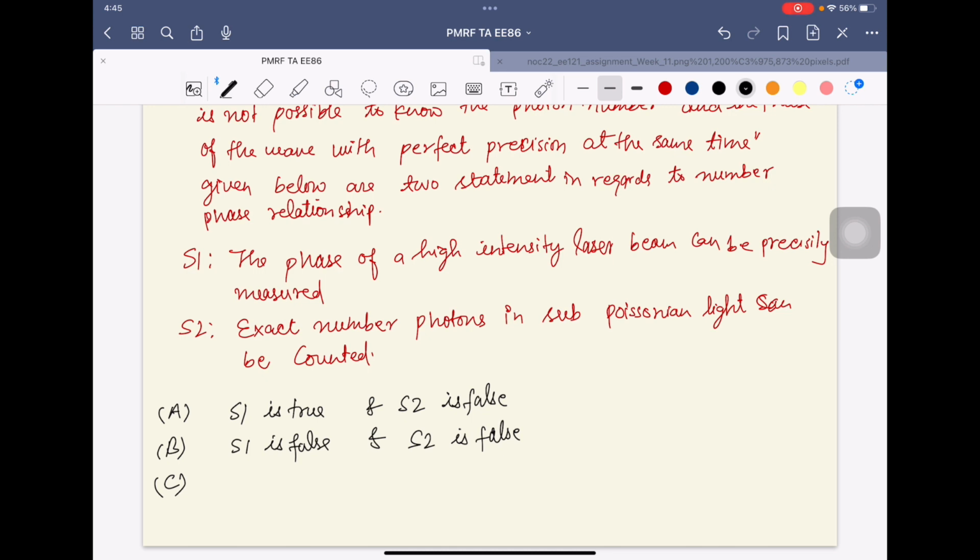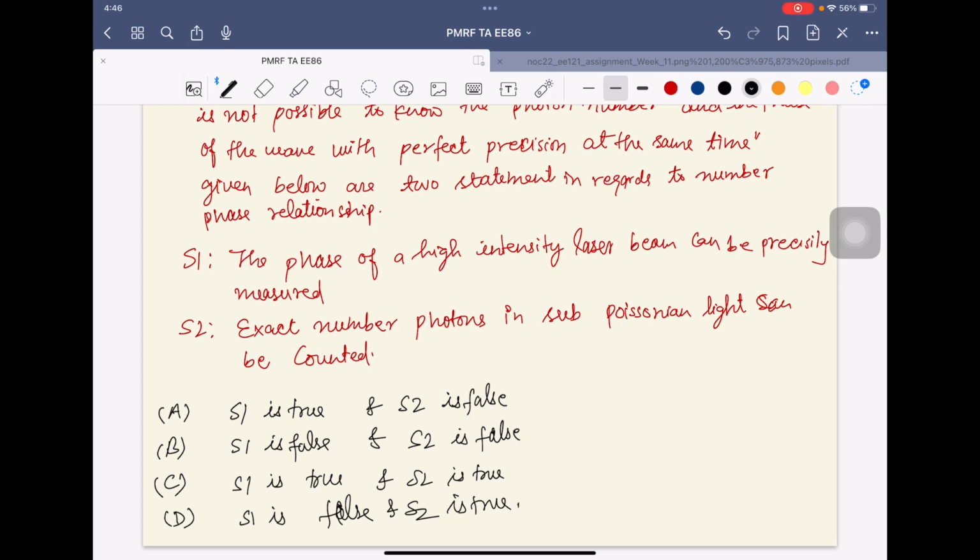C is S1 is true and S2 is true, and D is S1 is false and S2 is true.